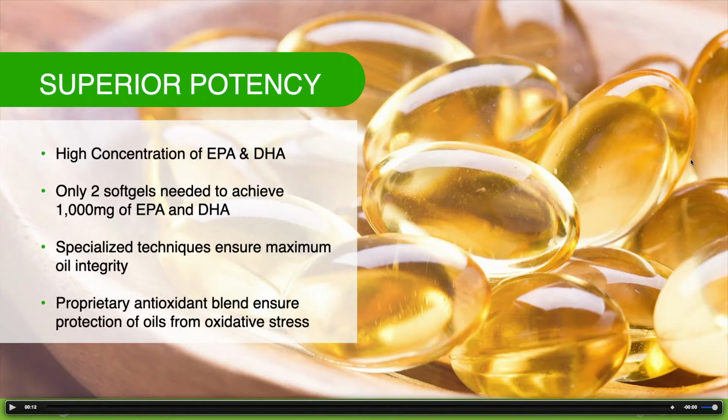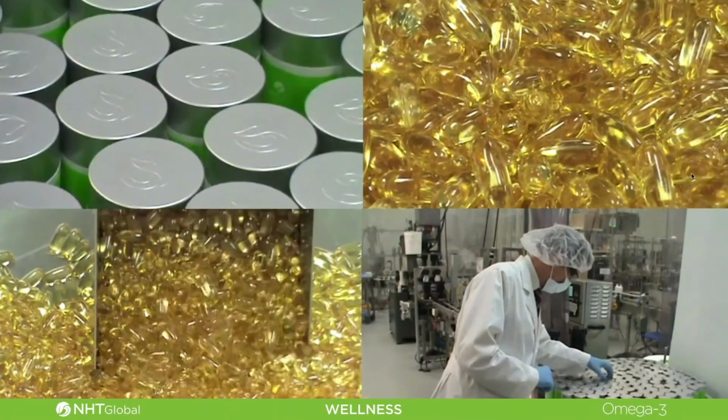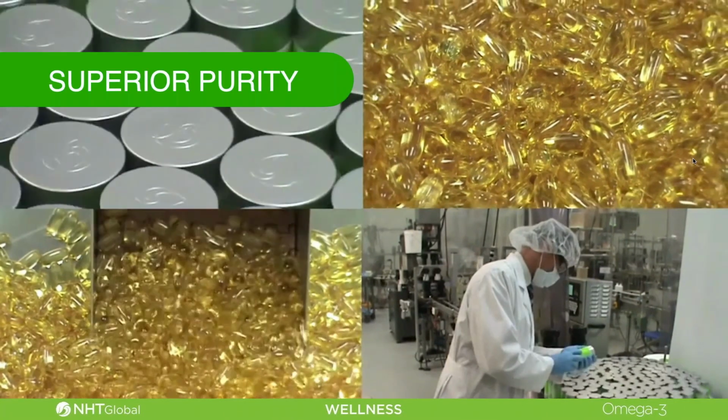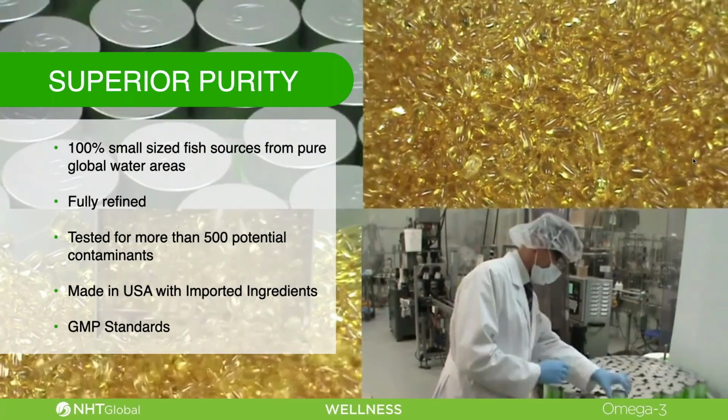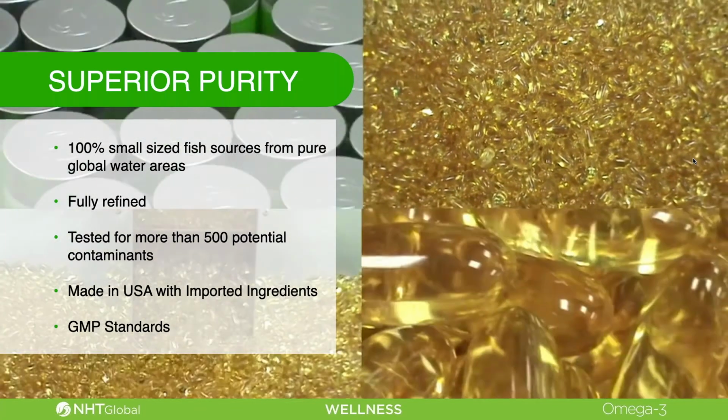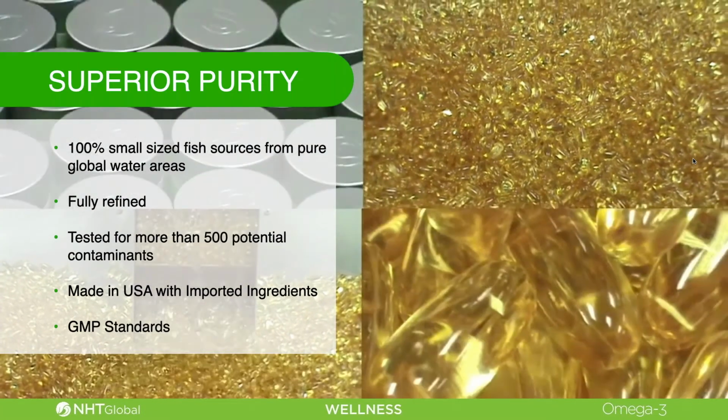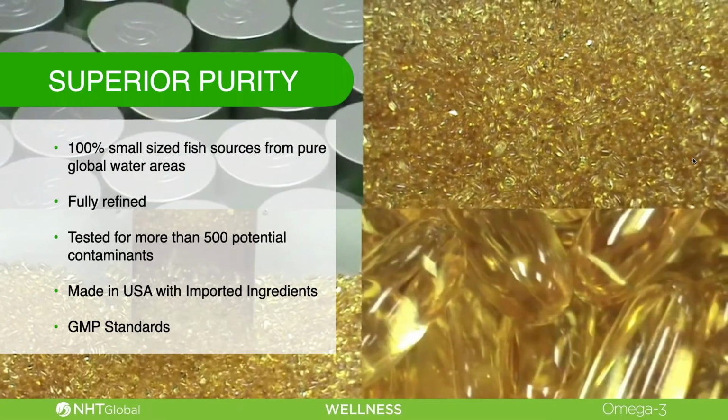Next slide. The next slide talks really about another point that I touched on, and that was the purity. Here's a picture of me inspecting the product off of our line in our facility in Minnesota, here in the USA. Our facility is US FDA inspected. We have multiple inspections. We have multiple certifications and trainings we go through. But the purity is tied to the process, the type of fish.